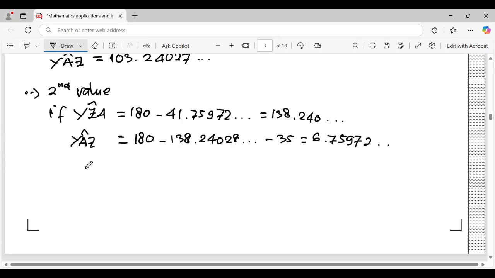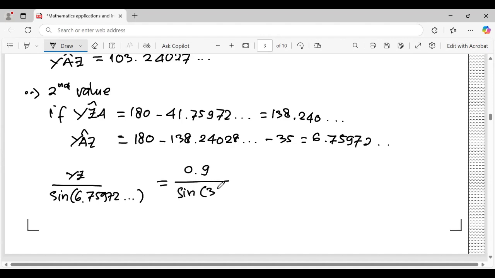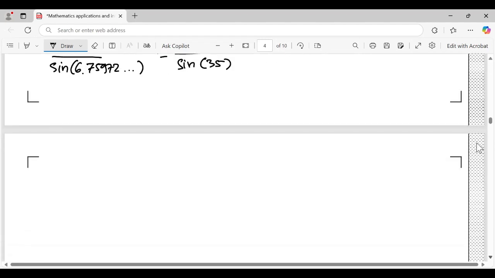Now substitute into the sine rule becomes YC over sine 6.75972 equals 0.9 over sine 35. I need more space.